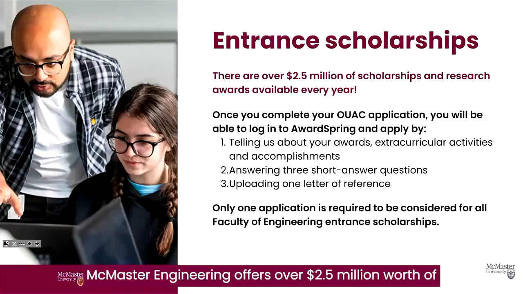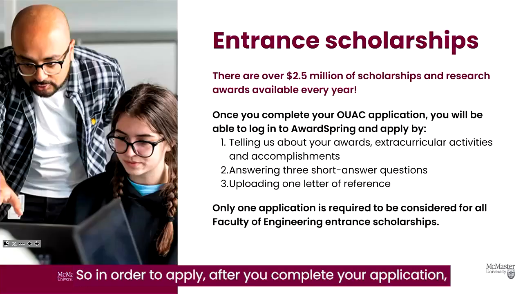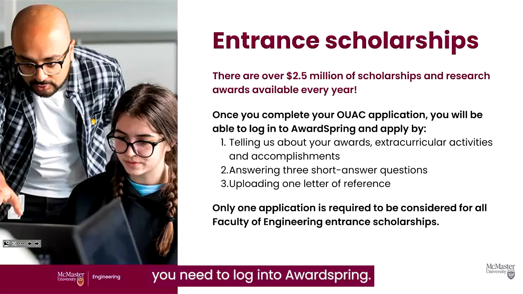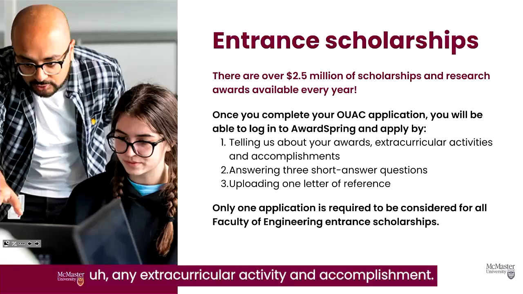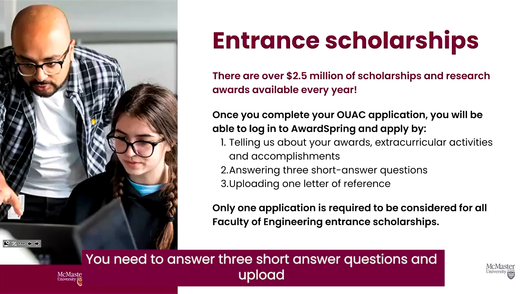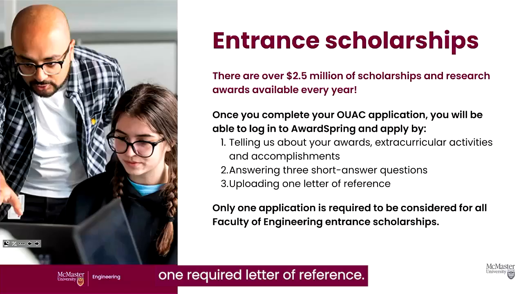McMaster Engineering offers over $2.5 million worth of scholarships and research awards every year. In order to apply, after you complete your application, you need to log into AwardSpring and provide information about any past awards you have received, and any extracurricular activities and accomplishments. You need to answer 3 short answer questions and upload 1 required letter of reference.